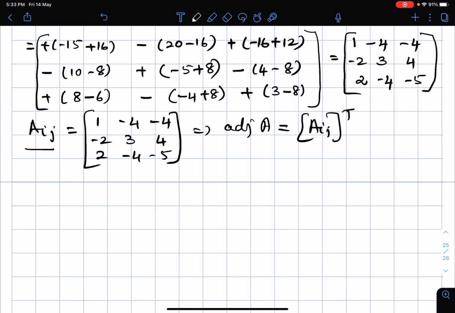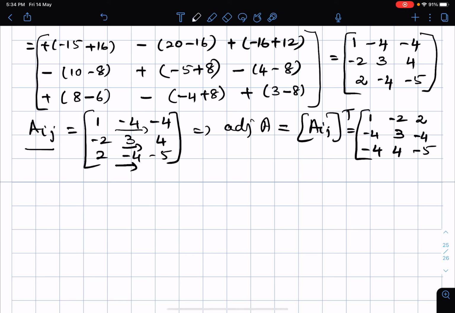Here we will write the rows into columns. So the first row I am converting into the first column, 1 minus 4 minus 4. Second row, minus 2 3 4. Third row, 2 minus 4 minus 5. So this is going to be your adjoint A.